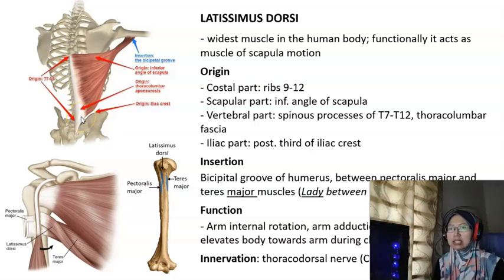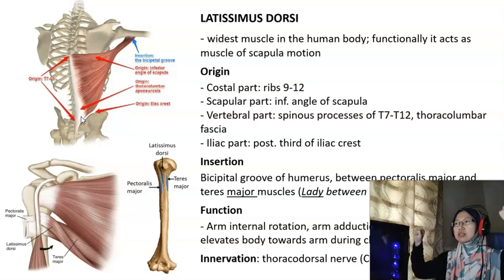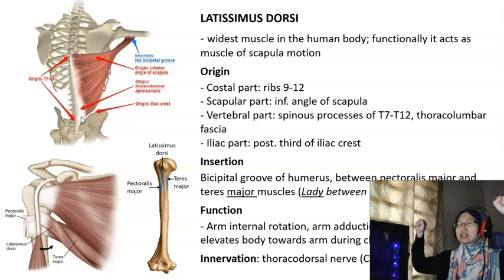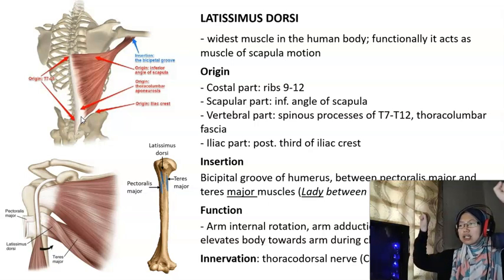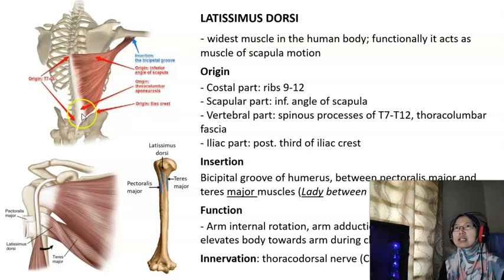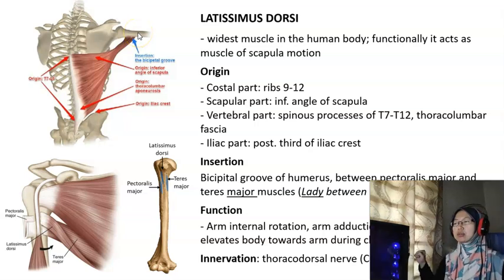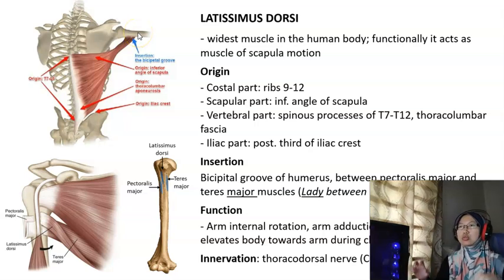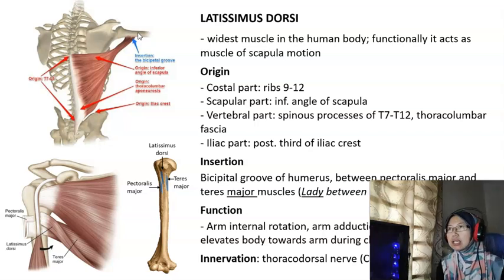And actually this muscle is used a lot by athletes, like when you pull yourself up, like gymnasts who use the bar, you need latissimus dorsi to pull yourself. Because look, its insertion is at the bicipital groove of the humerus, meaning it is a powerful muscle to pull up your body, like in climbing and gymnastics.